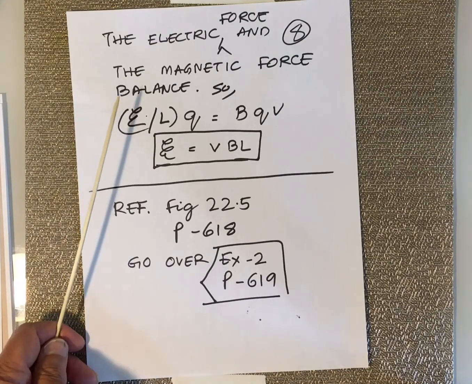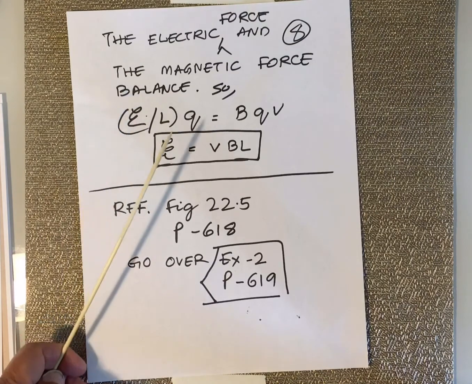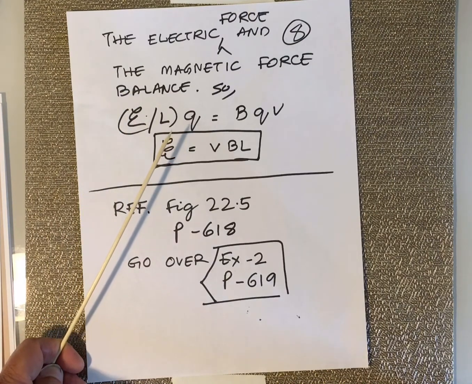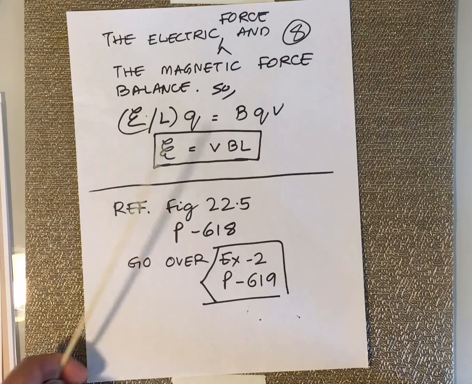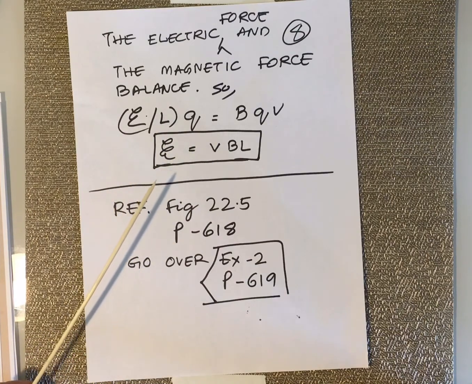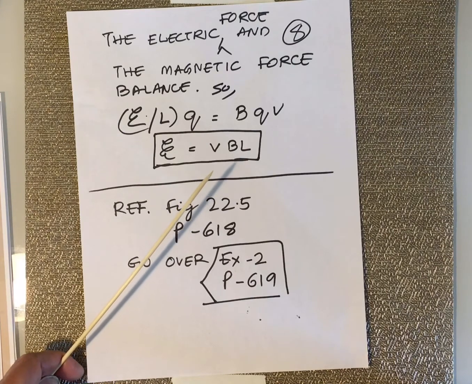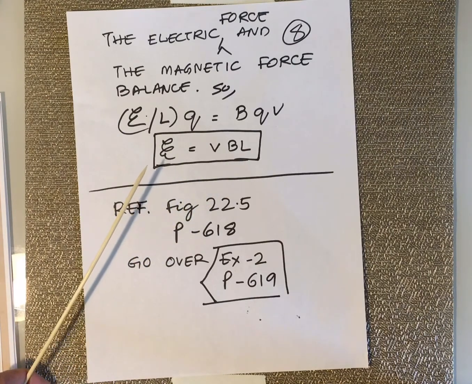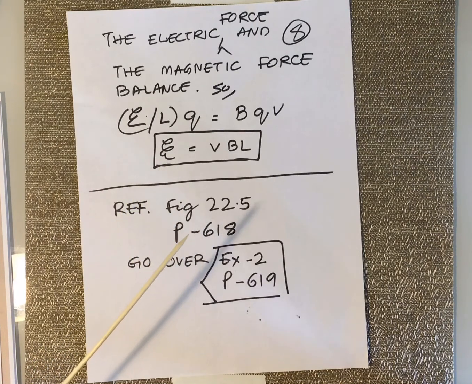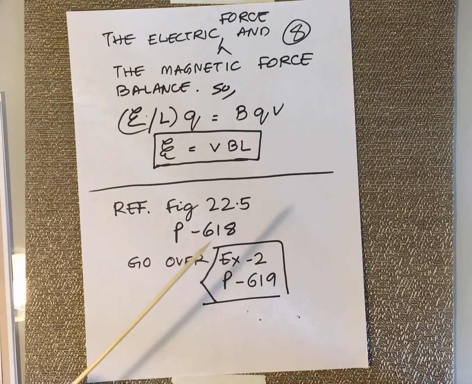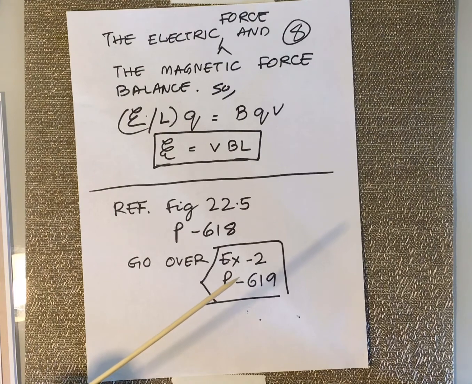As I told you before, the electric force will be the same as the magnetic force. They will balance each other. So epsilon here equals B times L times V, which is the induced EMF. Now let's go to figure 22.5, page 618, and also please go over example 2 in the exercises on page 619.